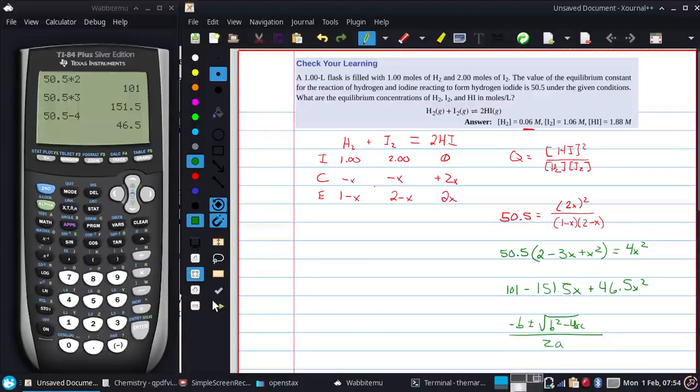I'm going to figure out my b squared minus 4ac first, and a, b, and c. So 151.5 squared minus 4 times a, 46.5, times c, 101. And I get, under the square root, 416, so I'll go ahead and take the square root of that.